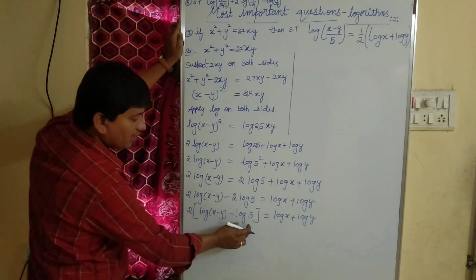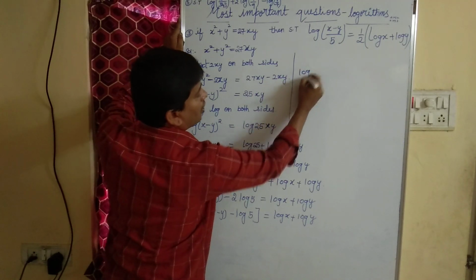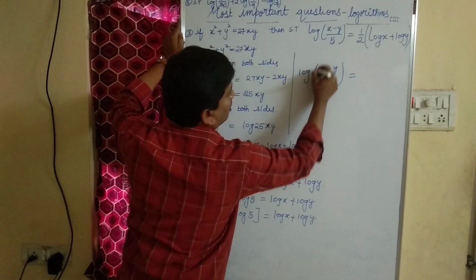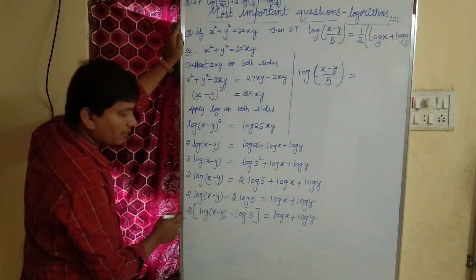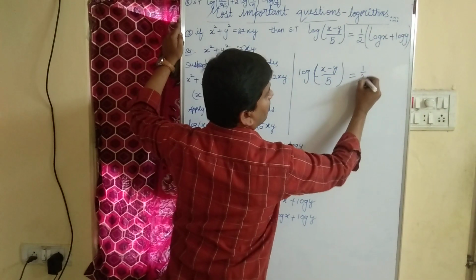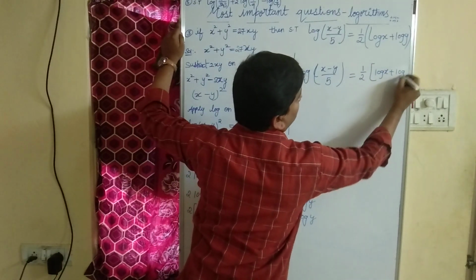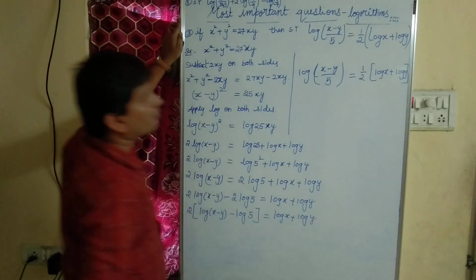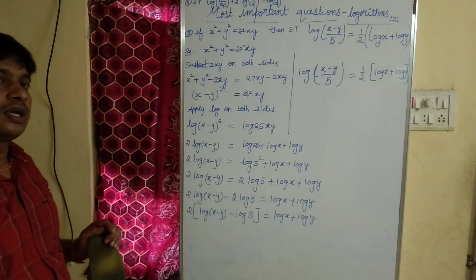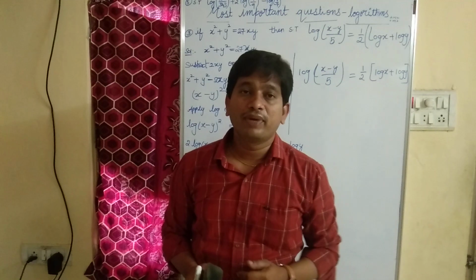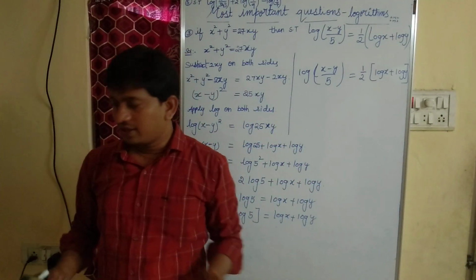So log a minus log b I can write as log of (x minus y) by 5, equals, as 2 is multiplying, transpose that side, it will become 1 by 2 into (log x plus log y). So this is another type of method. They may ask questions in this way.